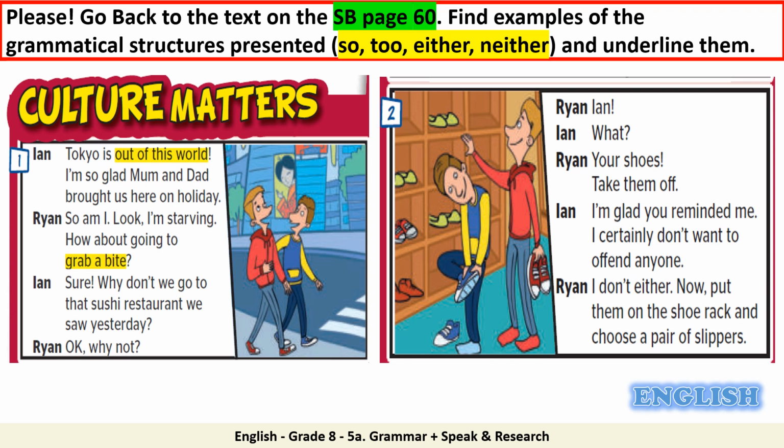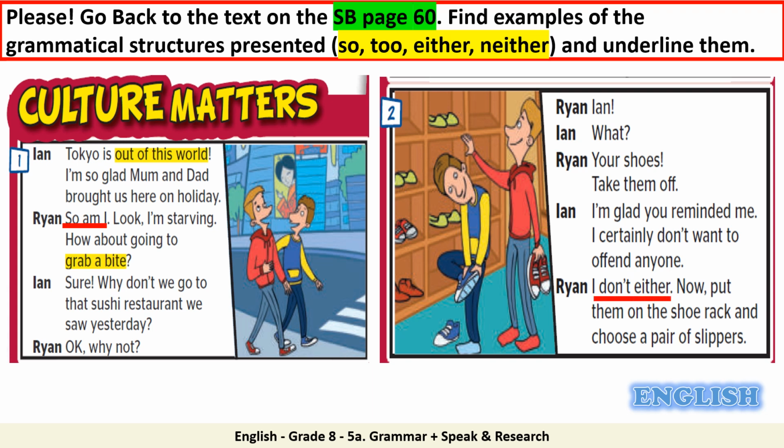Okay, now please, my dear students, go back to the text on the student book page 60. Find examples of the grammatical structures presented, so, too, either, and neither, and underline them, please. You can pause the video, put your answers, then check your answers with me. Okay. So am I is number 1, good.